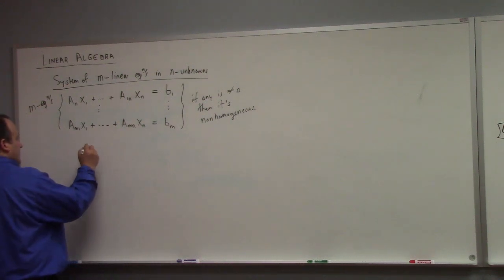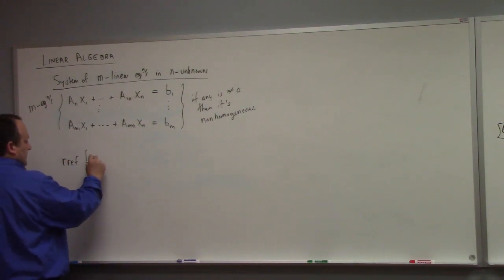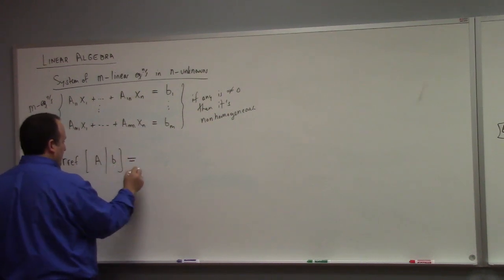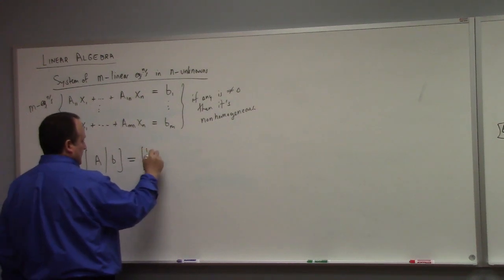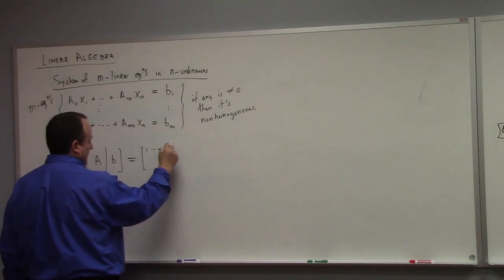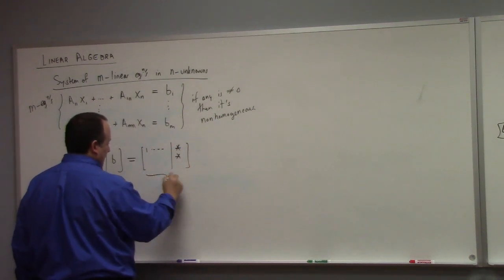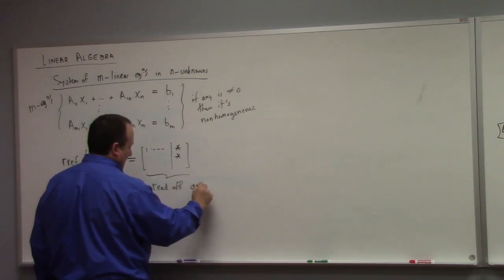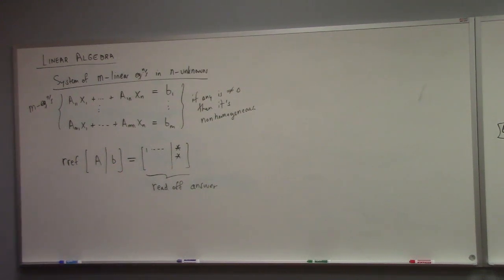Basically you say, I can look at the reduced row echelon form of the matrix A with b concatenated over here, and this is particularly nice, because we can read off the answer from that. This is the Gauss-Jordan elimination method.